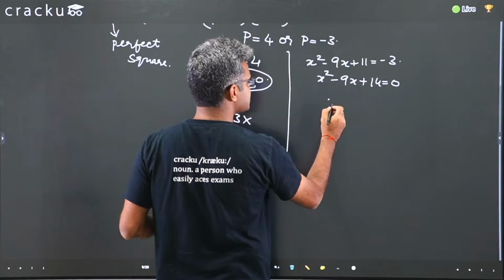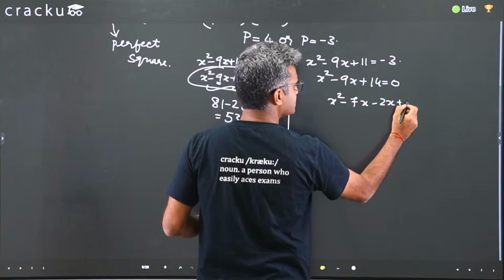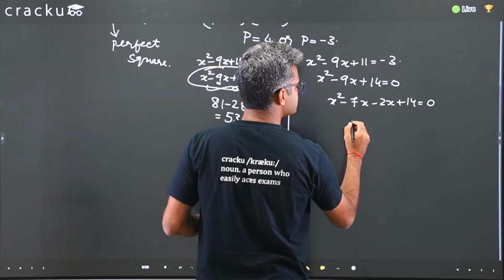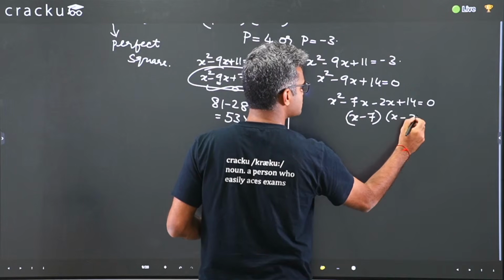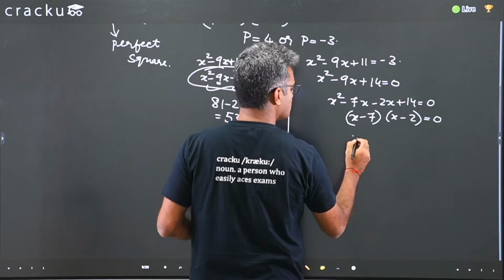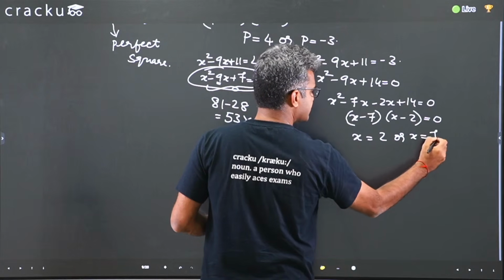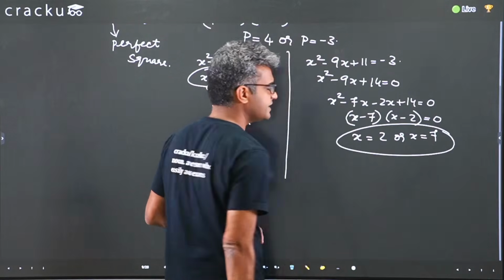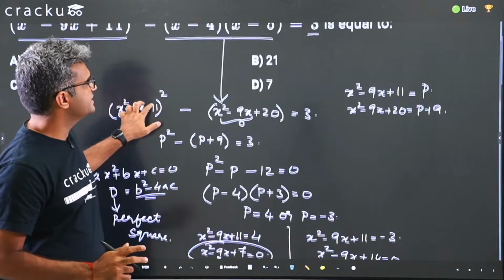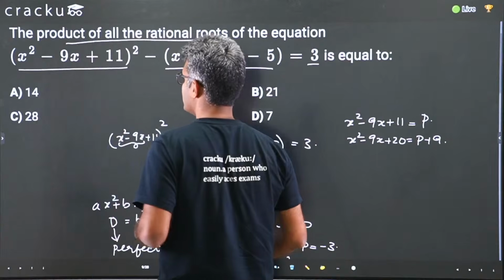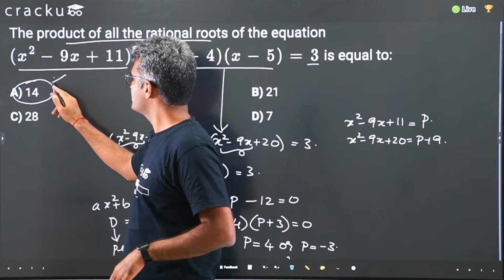This is x² − 7x − 2x + 14 = 0, which is simply (x − 7)(x − 2) = 0. So the two roots are x = 2 or x = 7. Those are the two rational roots, and their product, which is what we are required to calculate, is option A, which is 14.